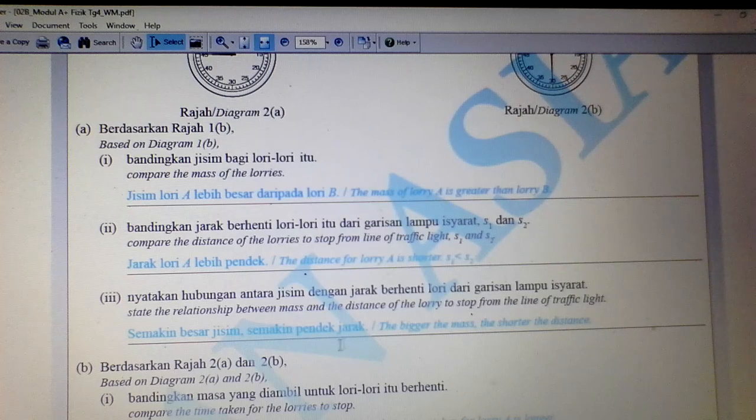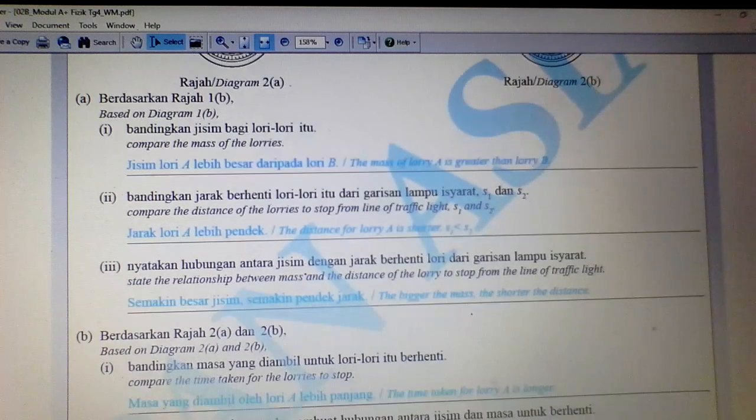Part 3, state the relationship between mass and distance of the lorry to stop from the line of the traffic light. From A just now, the mass of lorry A is greater than B, then the distance of lorry A is shorter. Then we can write, the bigger the mass, the shorter the distance of the lorry to stop from the line of the traffic light. So you can write fully for this one.